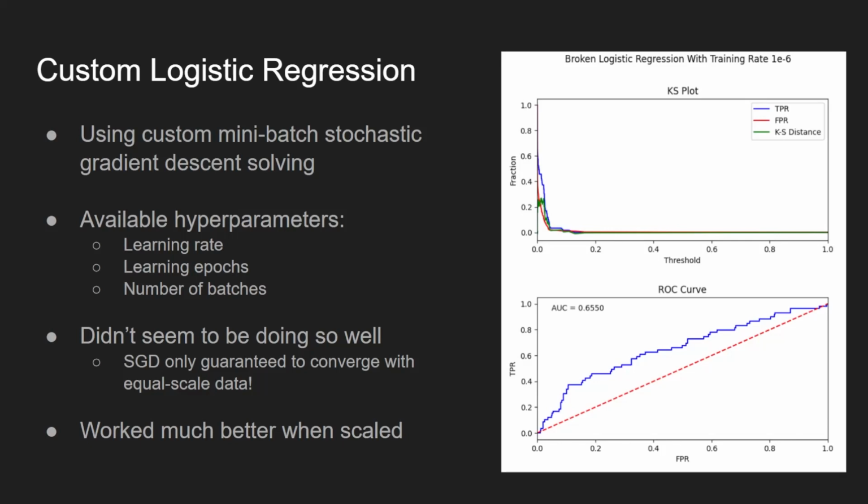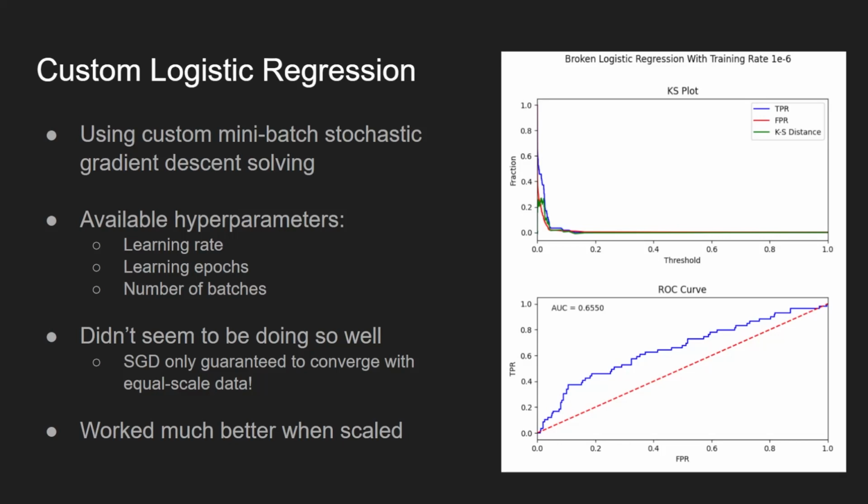All right, and on to custom logistic regression. As far as the implementation goes, we implemented a gradient descent solver. We implemented this with a set of hyperparameters, including learning rate, learning epochs, and number of batches. However, as seen on the right, this was initially not going so well.